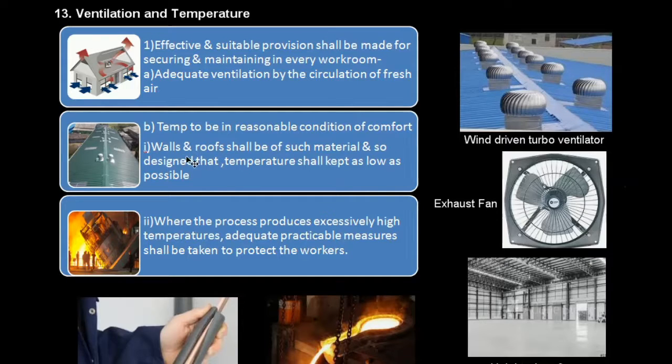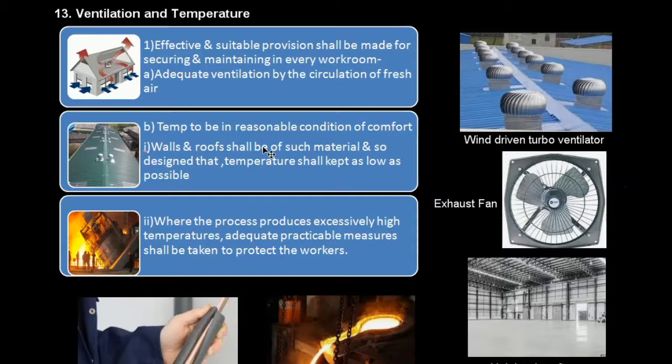This clause talks about the material with which the factory is made, the walls and the roofs. It says that walls and roof should be of such material that it does not entrap more heat.